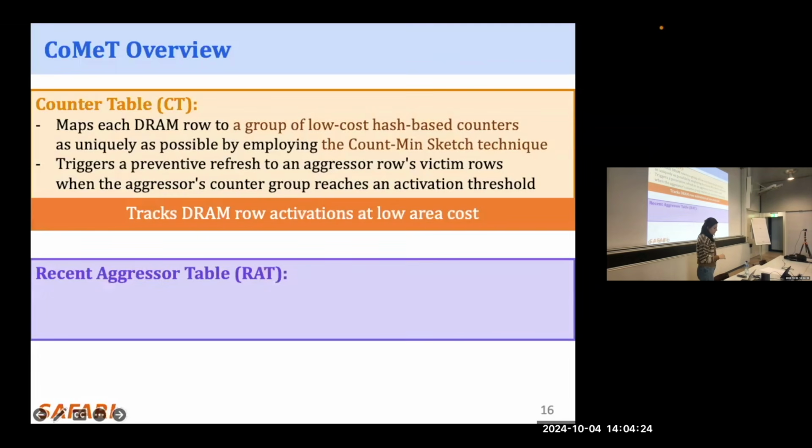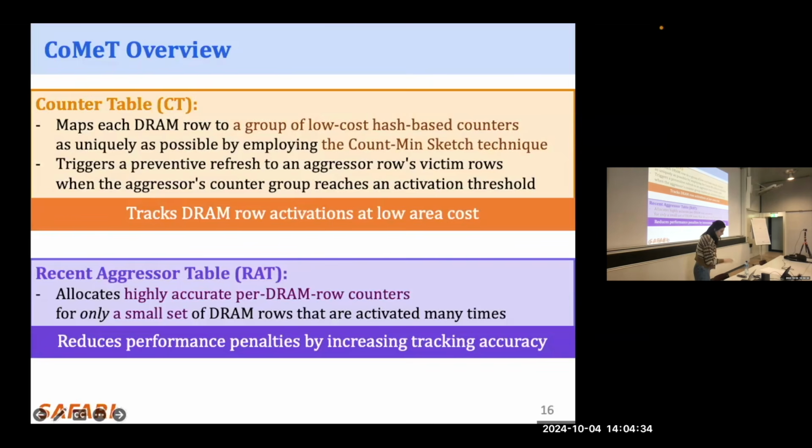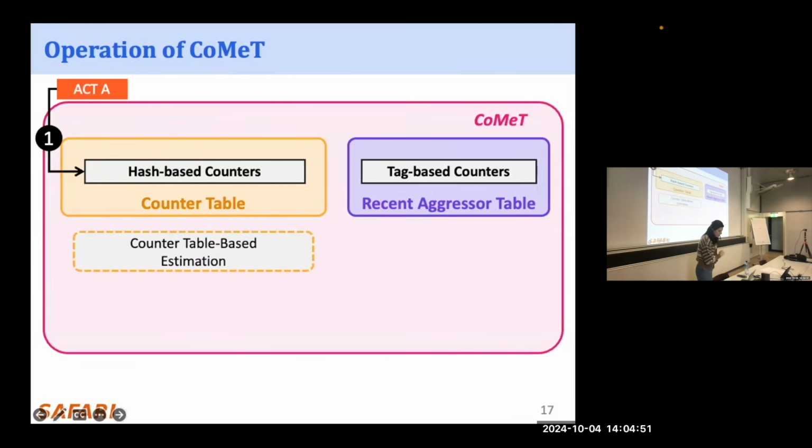The second structure is called the recent aggressor table, and it allocates highly accurate per-DRAM-row counters for only a small set of DRAM rows that are activated many times. This helps us reduce performance penalties by increasing tracking accuracy. And this is a high-level summary of how CoMeT operates. When there's an activation to row A, CoMeT first checks the counter table that implements hash-based counters and gets an estimation based on that.